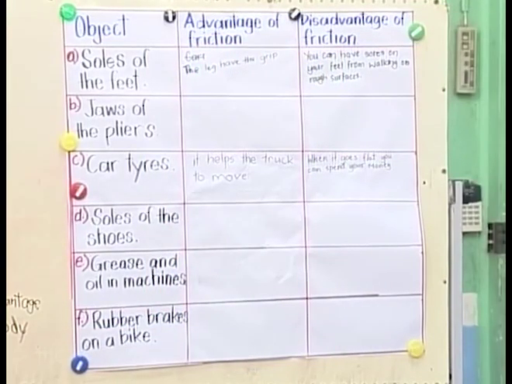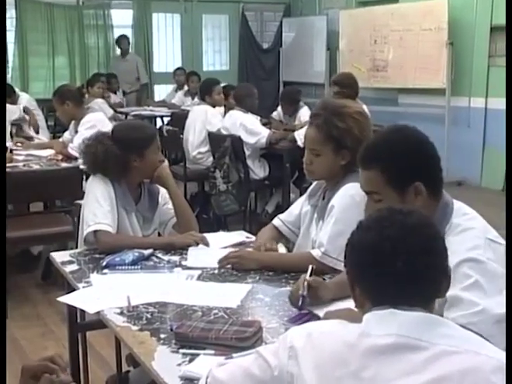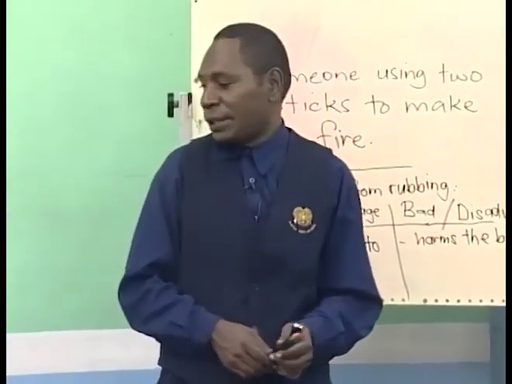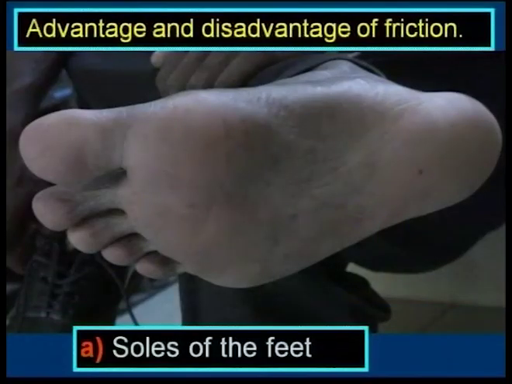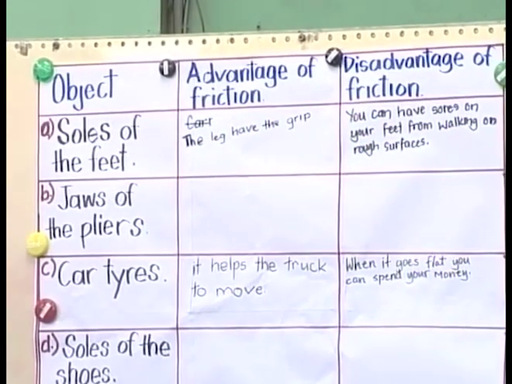All right, class and the receiving students. Let us now see some of the answers that our friends from the model class have given to us. Okay, the soles of the feet. The advantage of this is the feet have the grip. So that produces friction. Right, that is very good.